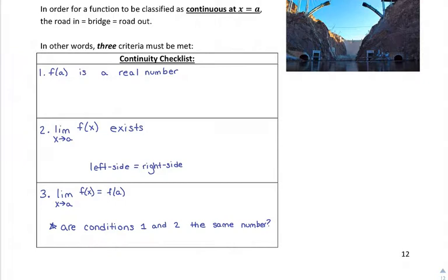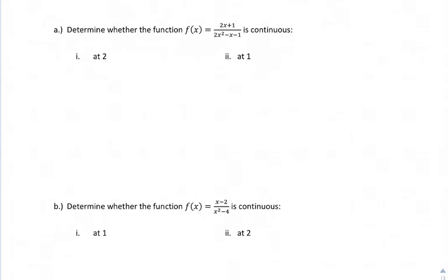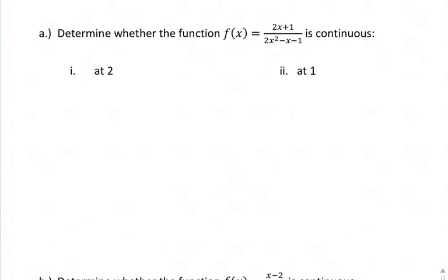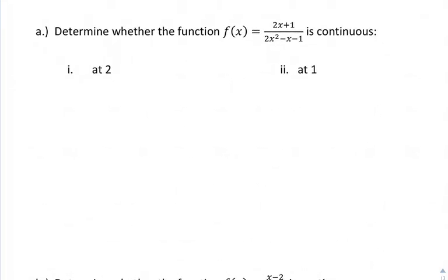We're going to try two examples together, and then I'm going to let you try C on your own. Starting with A, it says determine whether the function f of x equals 2x plus 1 over 2x squared minus x minus 1 is continuous. The first one says at 2. According to my checklist, I need three things.